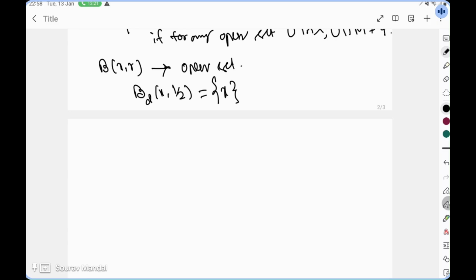Okay, so come back to this example first, then we will consider. If you consider these open sets with respect to the radius half, in that case you will get only a singleton set.